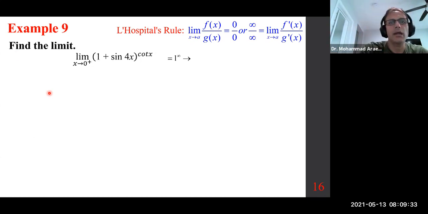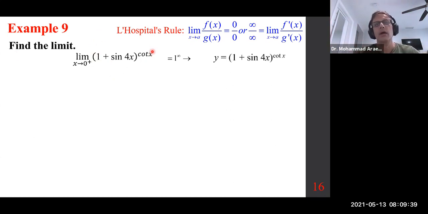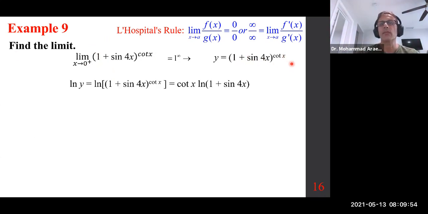If we call this expression y, now we take a natural log. Anytime you have a function being raised to the power of a function, one easy way to take care of it is to take the natural log of both sides. Then cotangent x sits in front and becomes a coefficient.